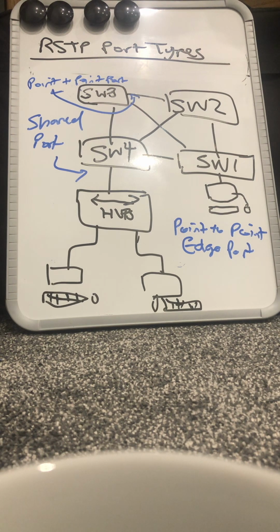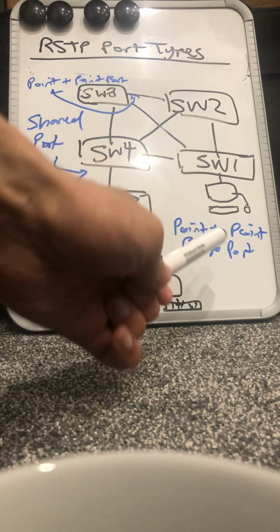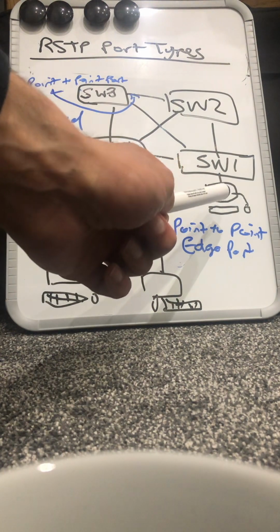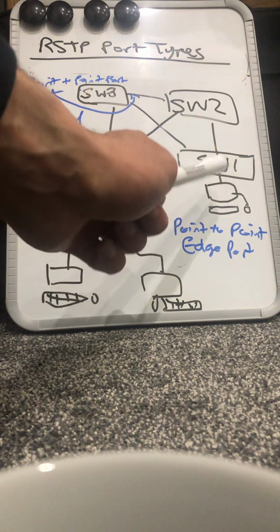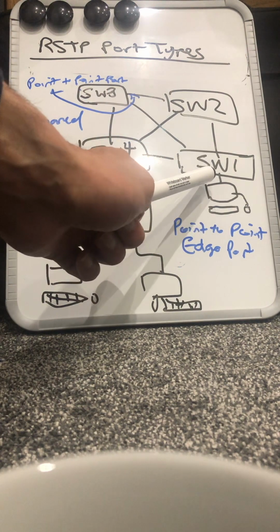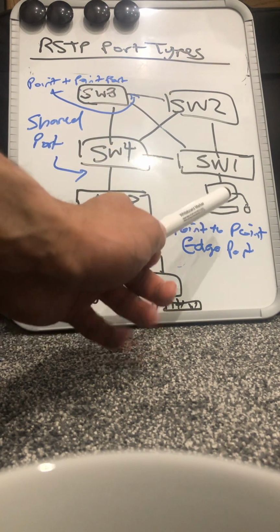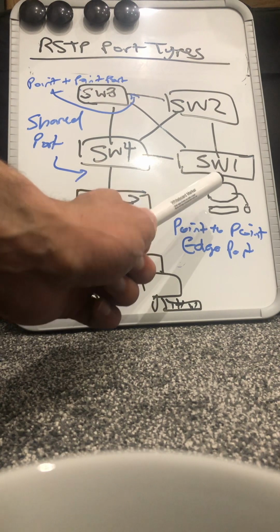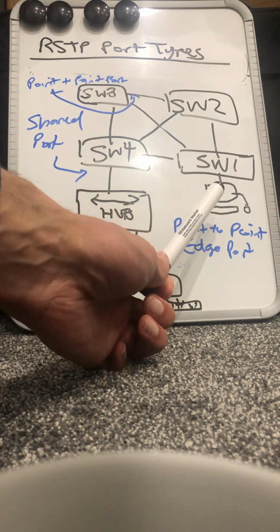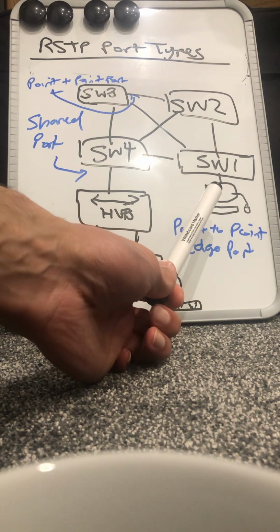The first one which I want to discuss is the point-to-point edge port. As you can see here, this is a PC which is connected to switch 1 directly. This is an edge port, or point-to-point edge port. It is right on the end of the network, so this is the access layer.